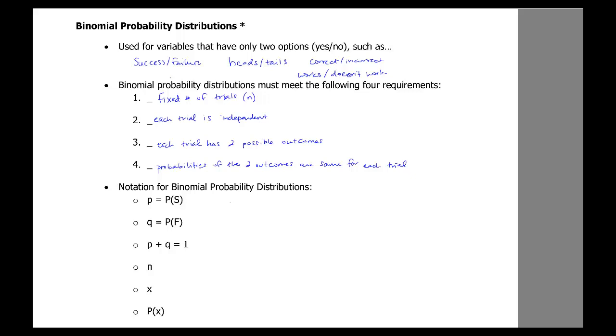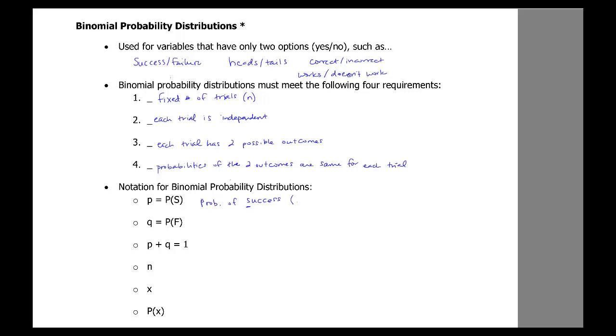So, some symbols that we're going to be using in the binomial probability distribution. We have a little p, which also is represented by the probability of S, or probability of success. That's where the S comes from.